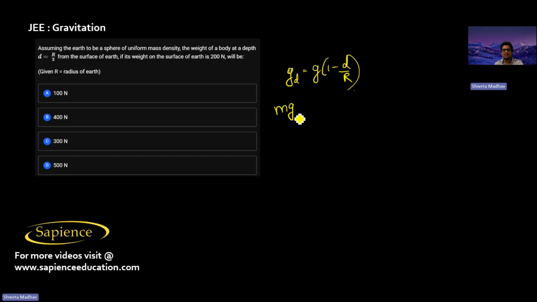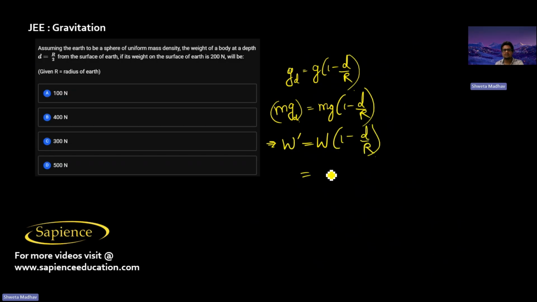So the weight mg d at the depth d is given as mg into 1 minus d by r. So the weight at the depth, W dash, is equal to the actual weight on the surface into 1 minus d by r. So here d is equal to r by 2, so it will be 200 Newton into 1 minus r by 2r.